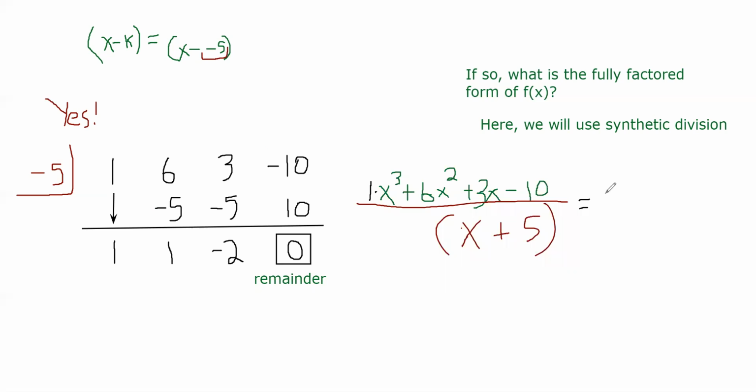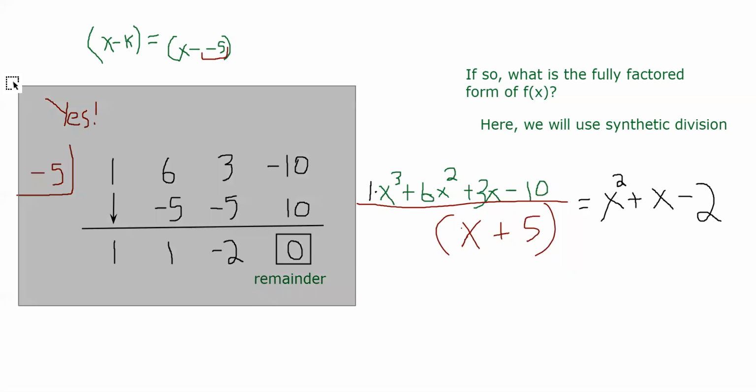So it's 1x squared, or just x squared, plus 1x, or just x, minus 2. That's what the synthetic division will tell us.